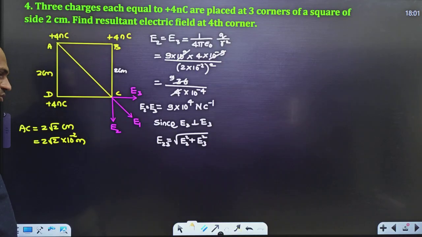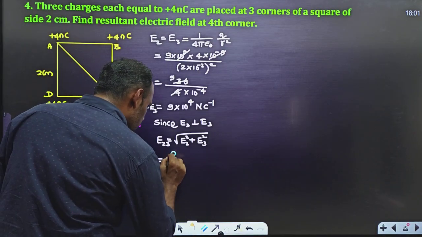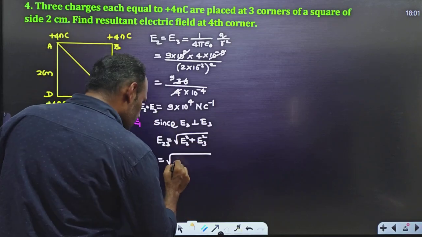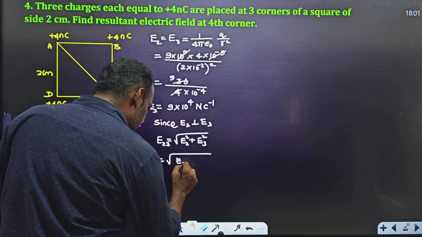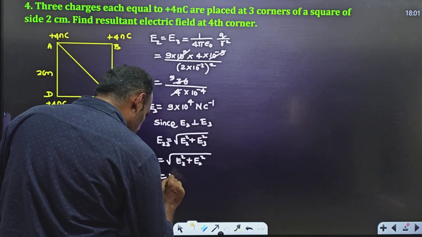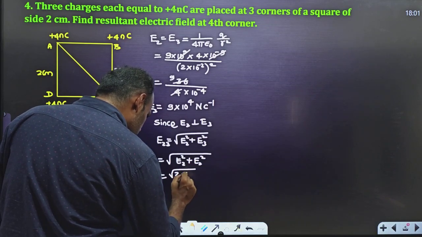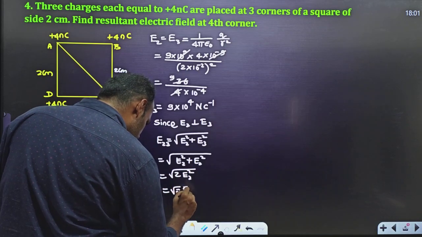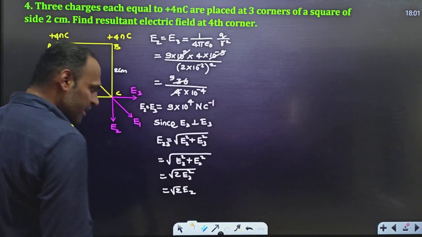Look, E2 and E3 are both equal. So I will write it as E2 square plus E2 square, which is nothing but root 2 E2 square. I will get it as root 2 E2.